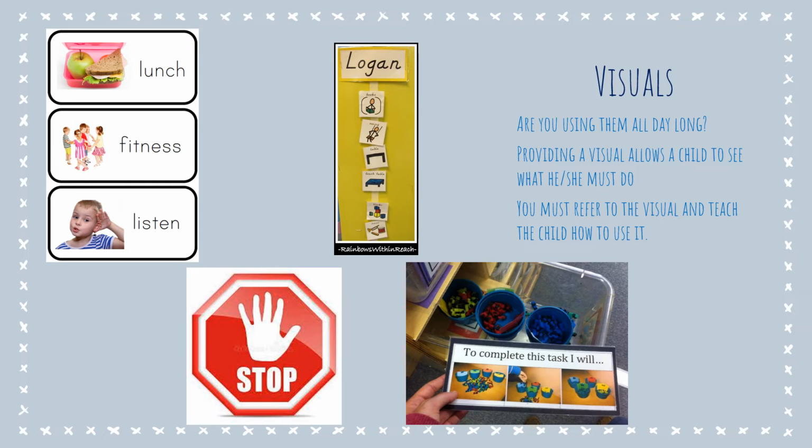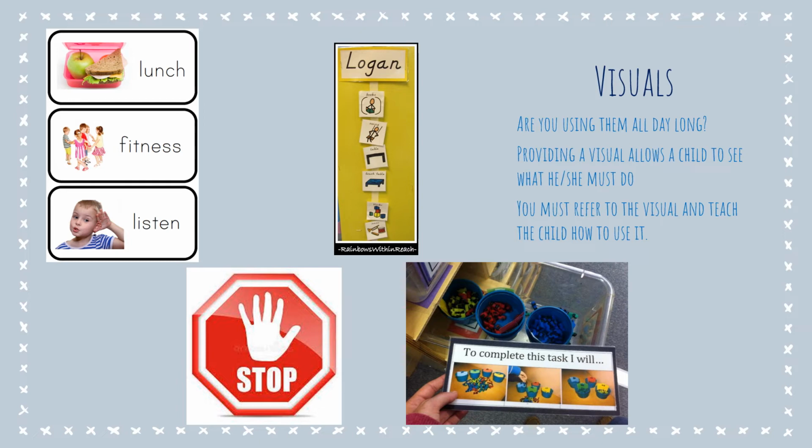So the bottom picture next to the stop sign shows a simple sorting toy that might be at your fine motor table. If a child doesn't know how to play with those 3-4 little baskets, they might take the bin out and just dump the toys. Maybe they'll start throwing the toys or flicking the toys with their finger.